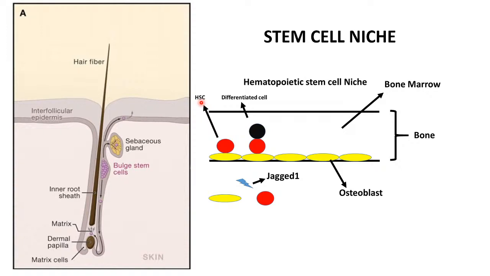The name of the protein is LIF, leukemia inhibitory factor. If you start the culture with induced pluripotent stem cells, or iPSCs, and you put LIF into your culture media, then they will remain as iPSCs for a very long time.